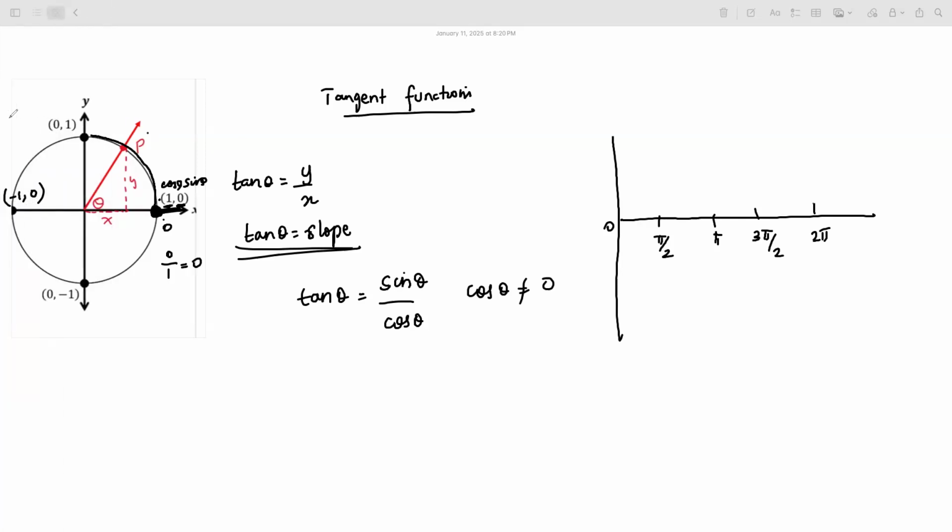This is cos comma sine. However, tan theta equals sine theta by cos theta, right? So at pi by 2, what is the value I'm asking? At pi by 2, what is the value? You see what I mean?